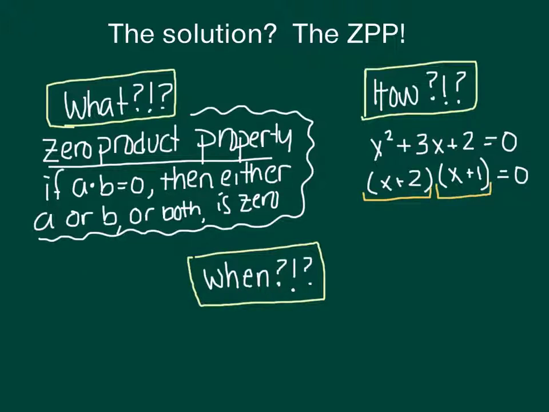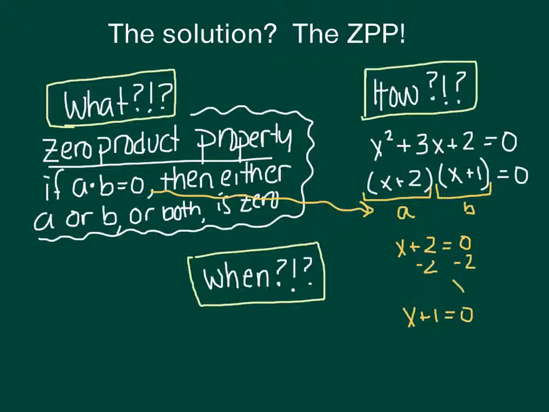If I said x plus 2 is A, and x plus 1 is B, based on the zero product property, since x plus 2 times x plus 1 equals 0, either x plus 2 equals 0, or x plus 1 equals 0. And now we have two very simple linear equations that we can solve.